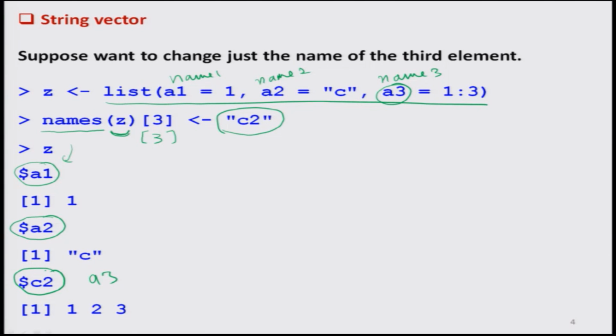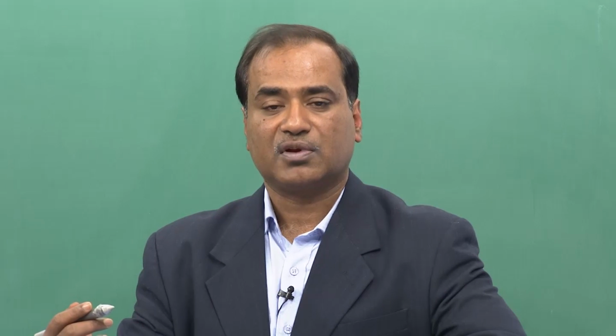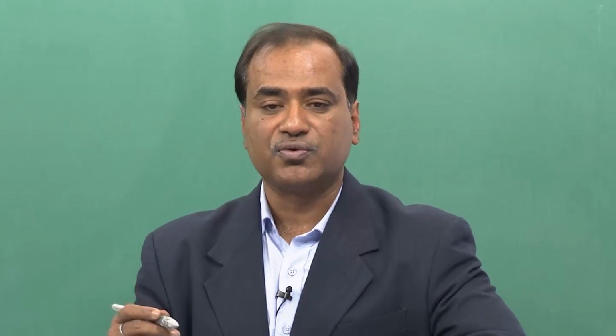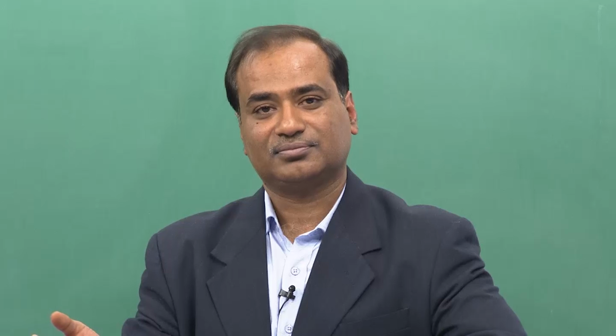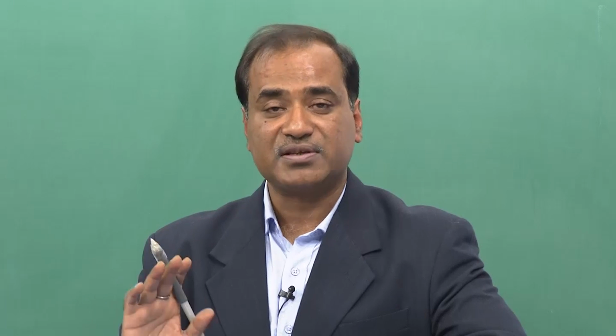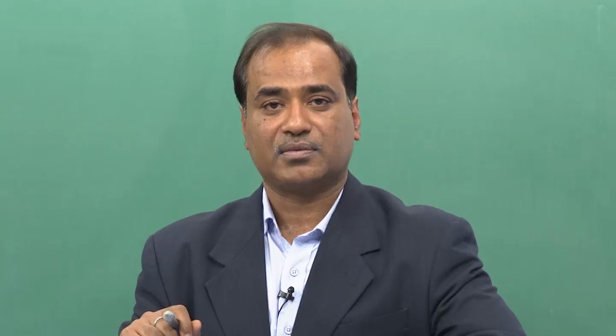But one thing you have to keep in mind, the values are not changing, I am changing only the name. That is something like inside the class, if a teacher announces that from tomorrow the student whose name today is Ram will be called Sham from tomorrow, but the person will remain the same.